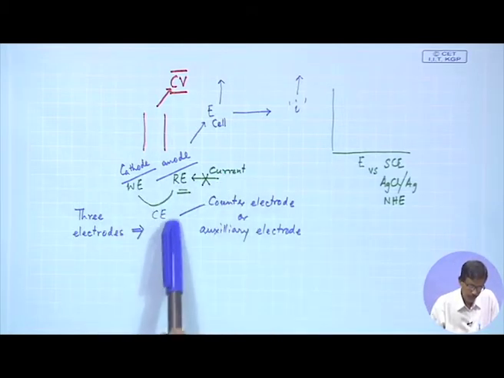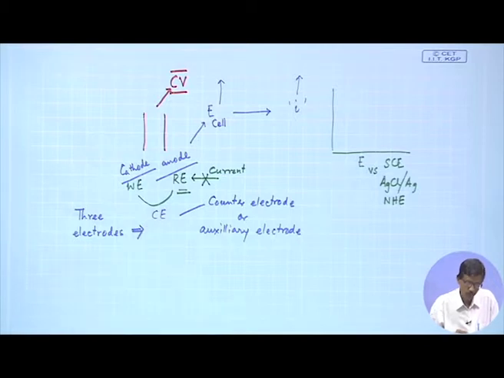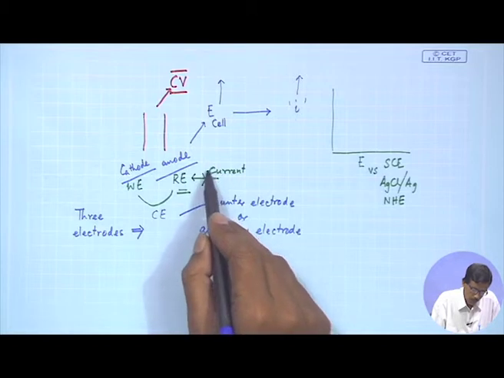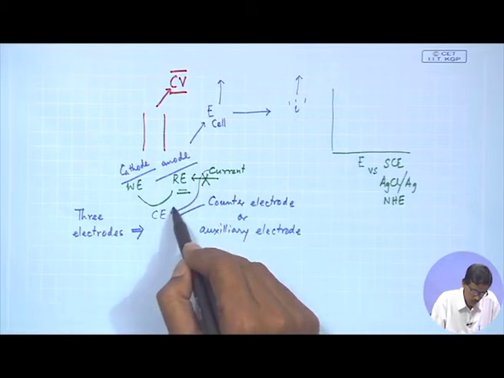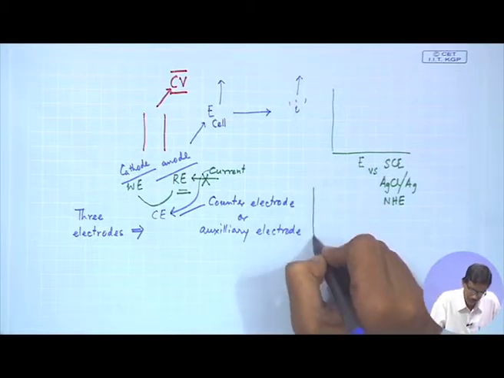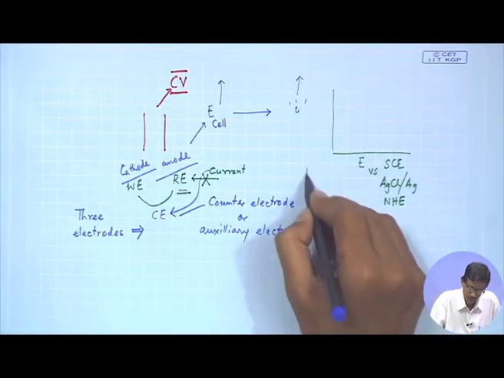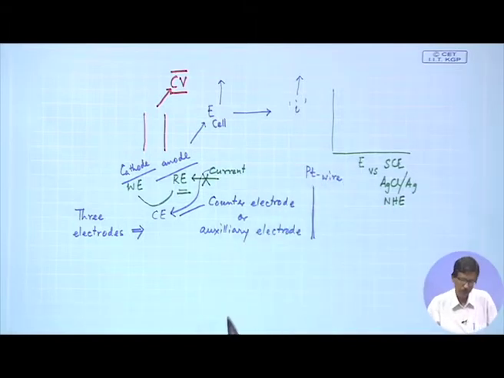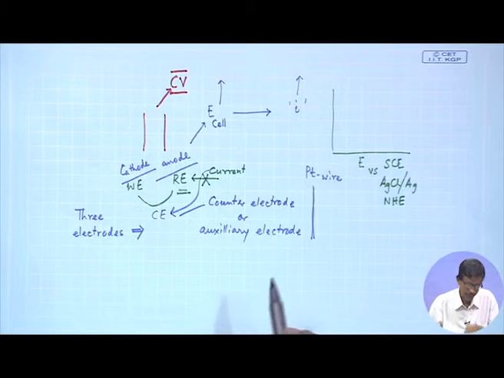Now, we are bringing the counter electrode. This will basically be the sink that allows the current to pass through this electrode. This auxiliary or counter electrode can sometimes be a simple platinum wire, which is dipped inside the electrochemical cell.